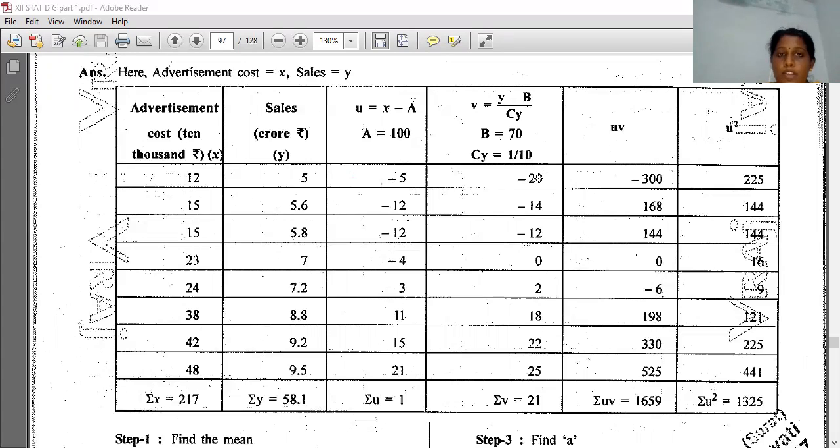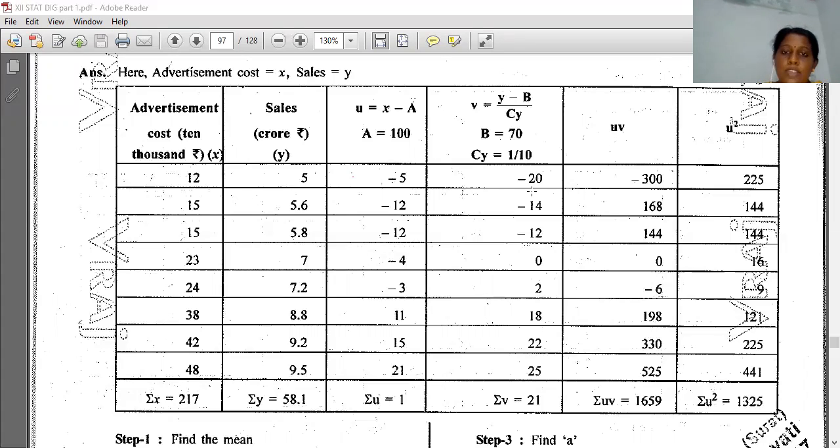Then for c, in place of cy, take 10, then in bracket y minus 7. Then one by one we will calculate. Suppose the first number: 10 in bracket 5 minus 7. The bracket is 5 minus 7, which is minus 2, so minus 2 into 10 comes to minus 20.